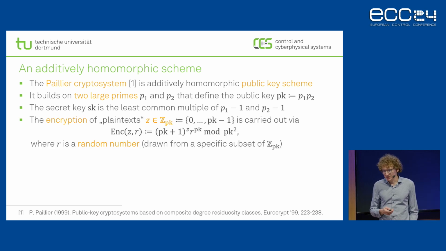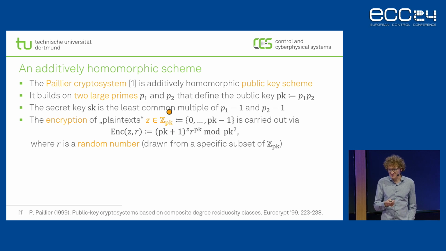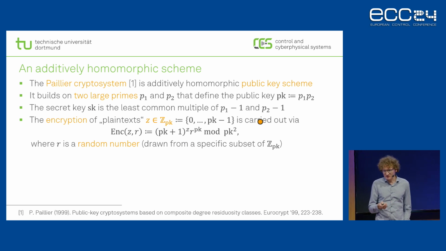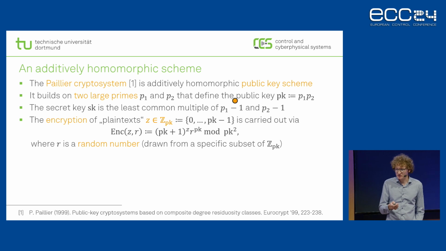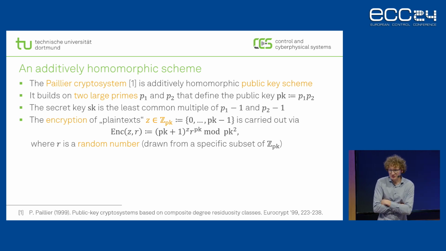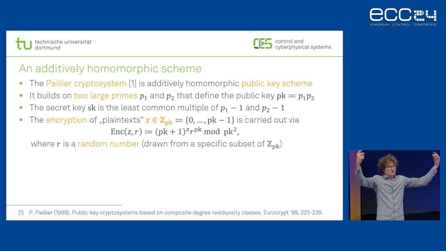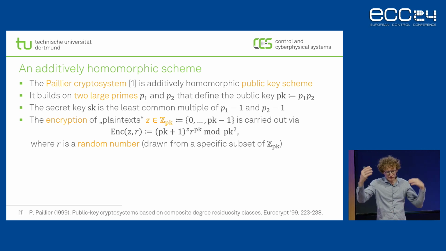Okay, let's complete the scheme. It allows you to encrypt plain text from a bounded integer set, where the size of this set is determined by the size of the public key. And then it also takes a random number. This is important because these public key schemes are usually constructed in a way that if you take two equal messages, you will get mostly two different ciphertexts.